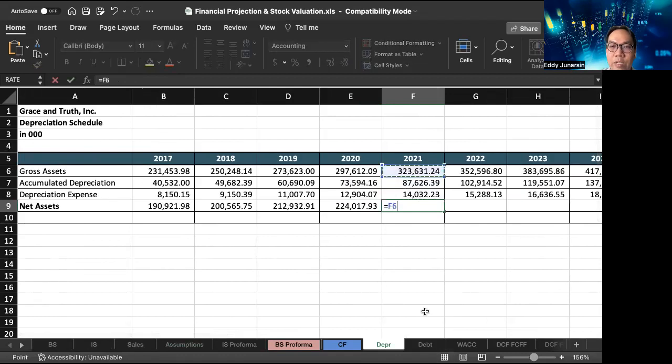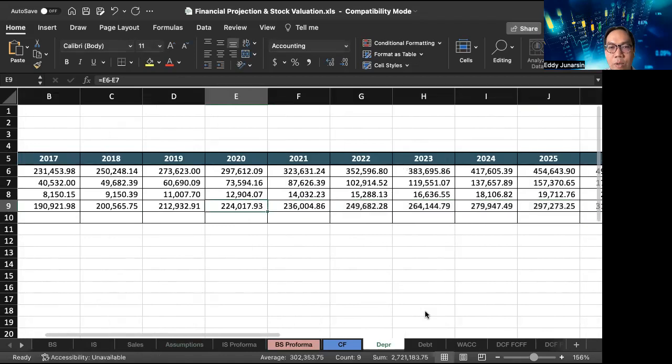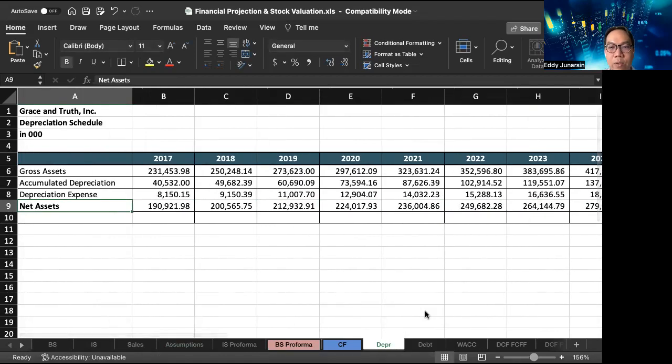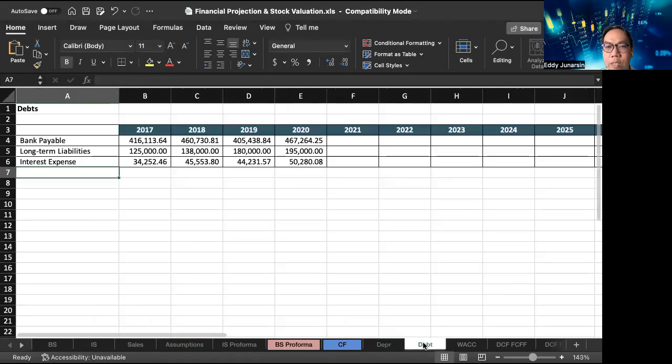Net assets would be the difference between gross assets and accumulated depreciation. Gross assets minus accumulated depreciation is your net assets. Okay, so we're pretty much done with the fixed assets sheet. This will be very helpful when we plug everything into the projection.